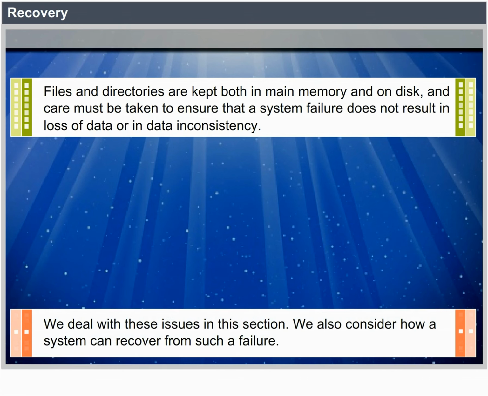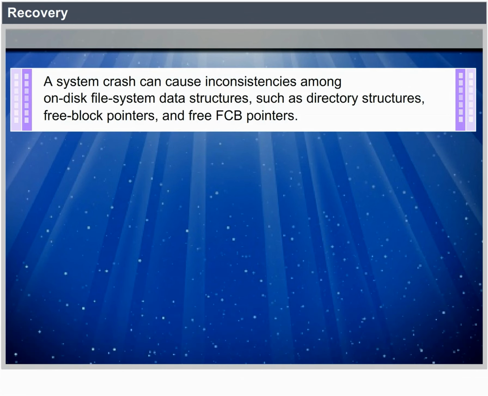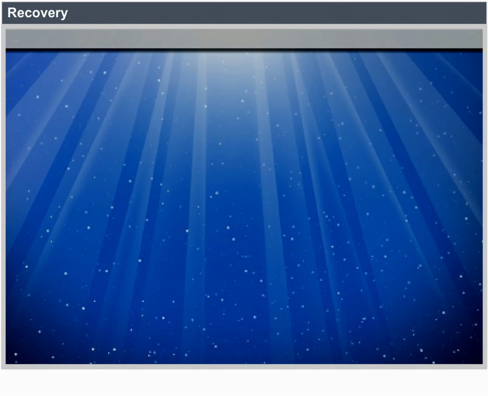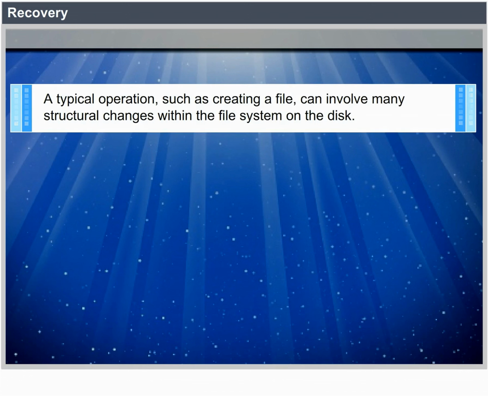A system crash can cause inconsistencies among on-disk file system data structures, such as directory structures, free block pointers, and free FCB pointers. Many file systems apply changes to these structures in place. A typical operation such as creating a file can involve many structural changes within the file system on the disk.